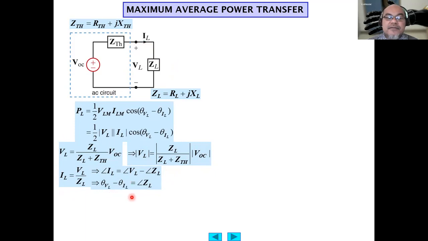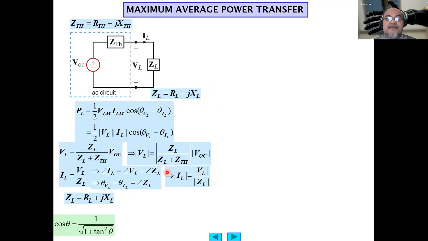The phase angle of the load impedance is the phase difference between theta VL and theta IL, the difference between the load voltage and the load current. The magnitude of the load current equals the magnitude of the load voltage divided by the magnitude of the load impedance, where the load impedance equals RL plus JXL.